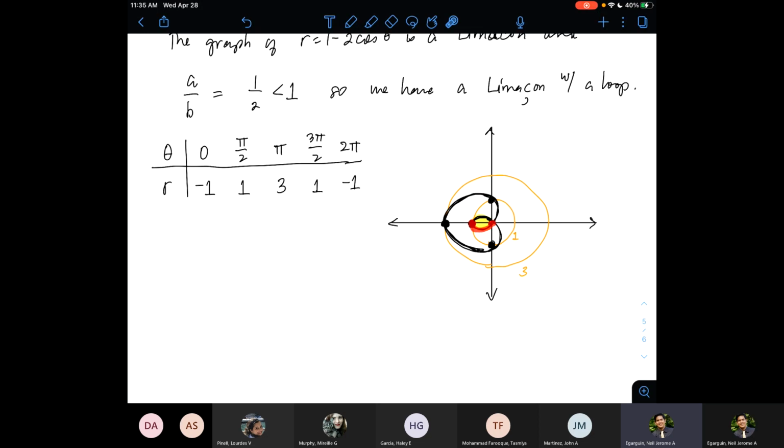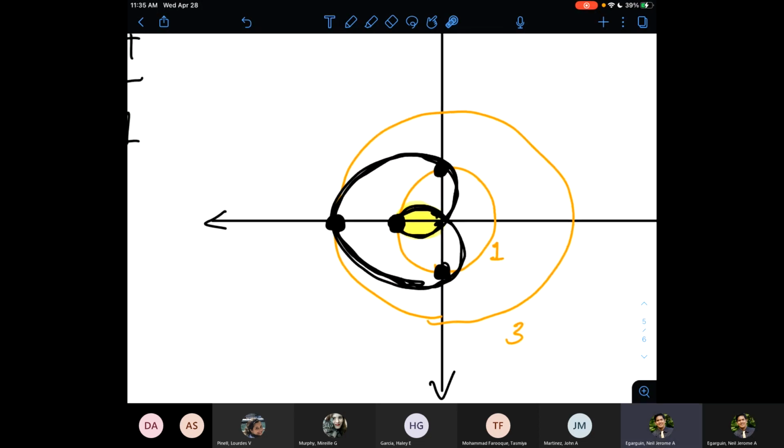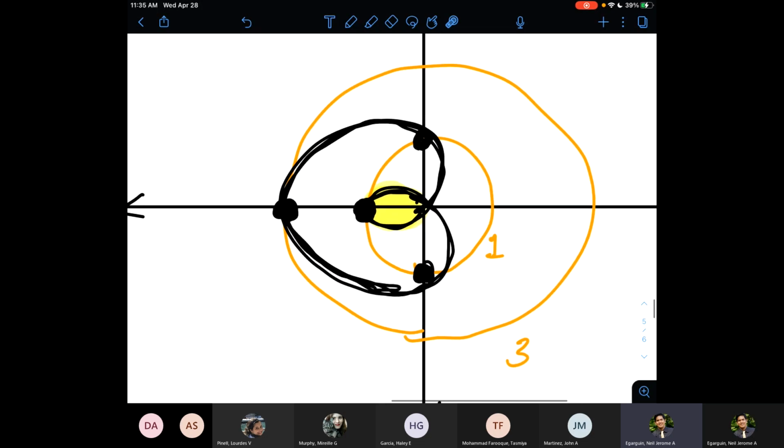But if you integrate along that region, we will only be getting half of the area. Maybe I should enlarge that. Okay, there we go. Again, we start at theta equals 0 here, and as theta increases, we will go here, and then we will hit the pole, and the pole is the only point on the plane when r is equal to 0.